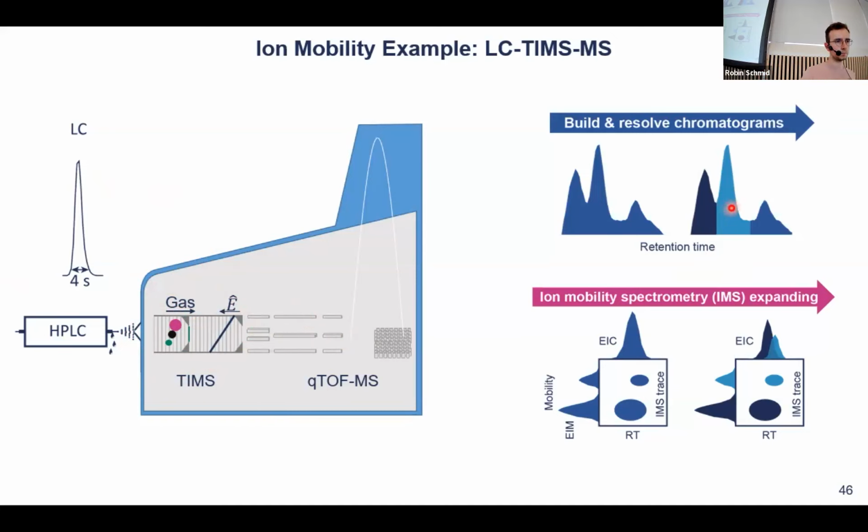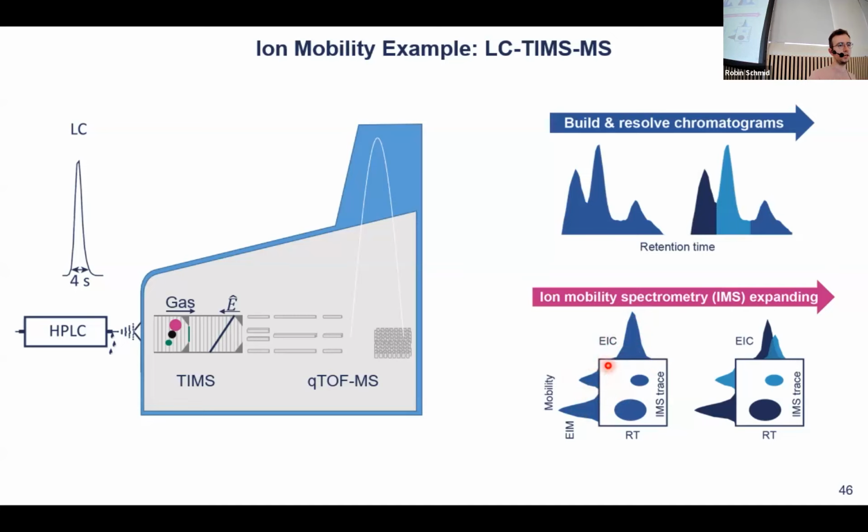So what you get in the end is higher dimensional data. Every extracted ion chromatogram that you can see on the top here is also separated in the mobility dimension. For example, if your LC method wasn't suited to separate some isomers and they elute at the same time, they might have different sizes.